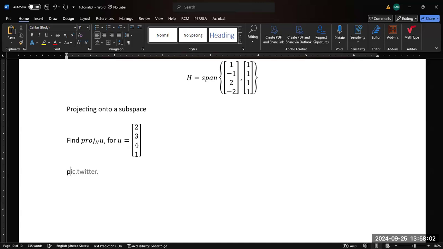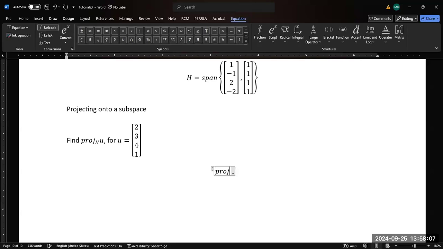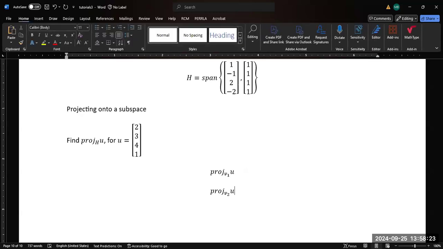So first what we're going to do, as I said, is find the projection onto V1 of U, and the projection onto V2 of U. So let's do those formulas.